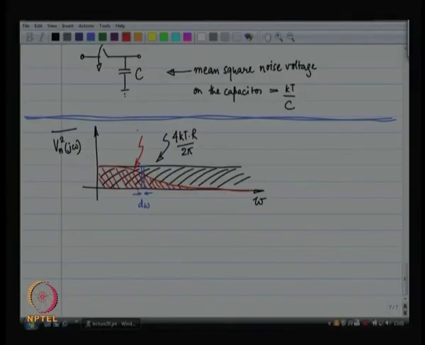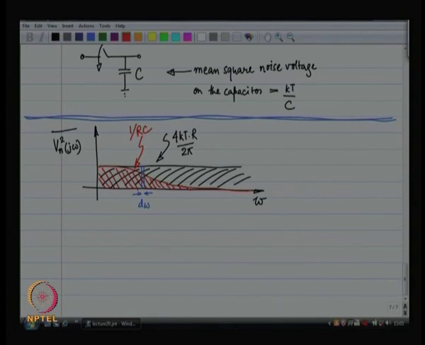All right. So, what you are really doing is you have got this 4 kT R by 2 pi, this is the power spectral density, but at the same time the cutoff frequency of this filter is 1 by RC, okay, and that is what is instrumental in removing the R from your expression.